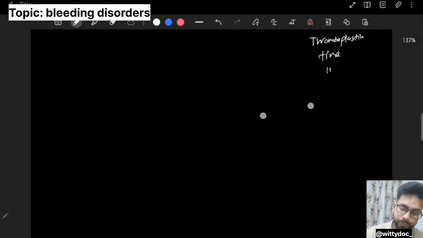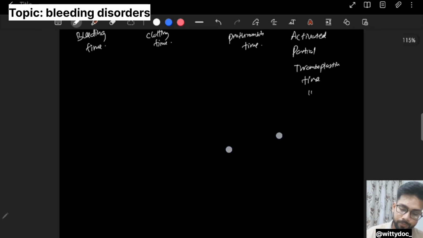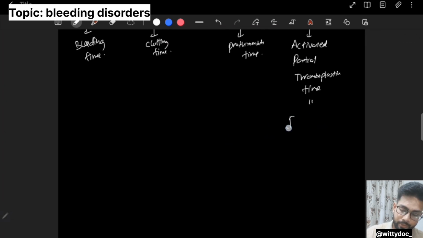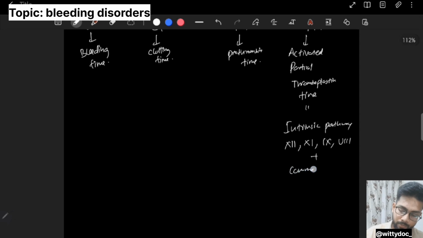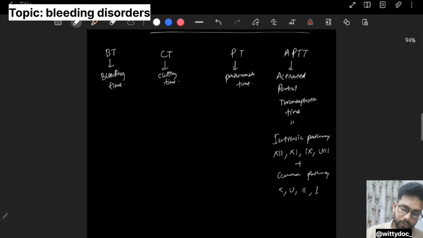It is equal to intrinsic pathway. That means intrinsic pathway consists of factor 12, factor 11, factor 9 and factor 8 plus common pathway, which consists of factor 10, 5, 2 and 1.